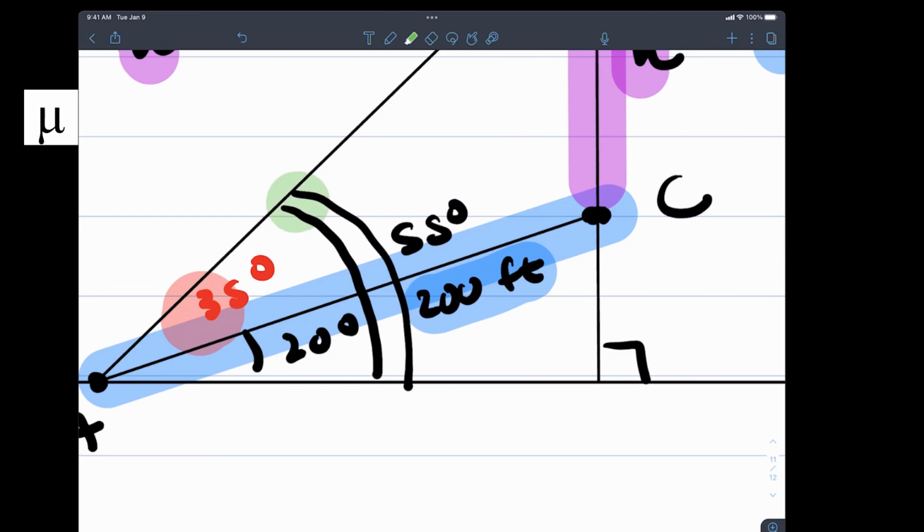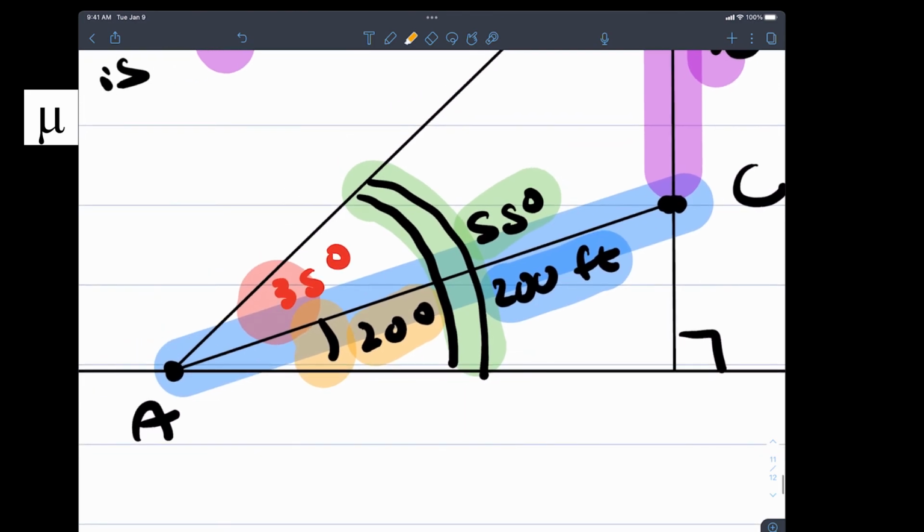Because they're saying this whole thing is 55, and this angle from here to here is 20. So if you take 55 degrees minus 20 degrees, do you get 35 degrees? The answer is yes.